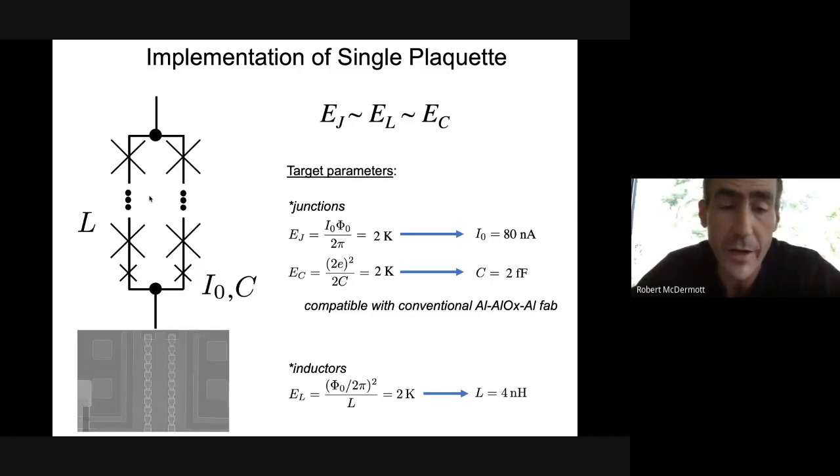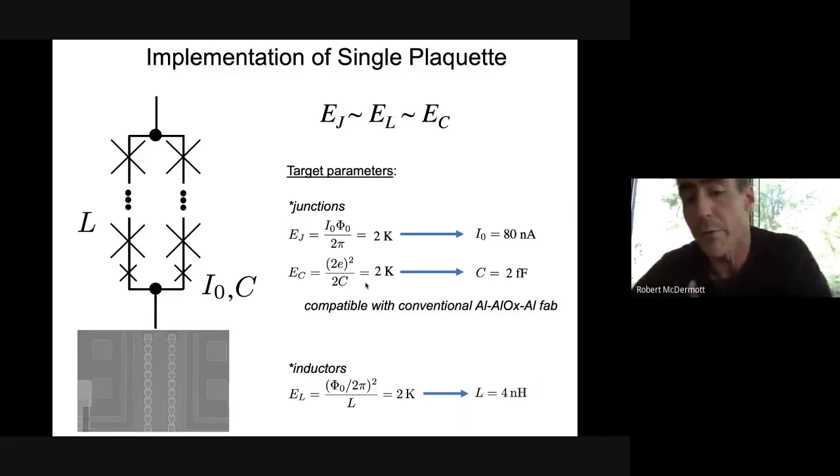And the energy scales are set by the charging energy of these smallest junctions. For us, it's comfortable to target energies of about 2 Kelvin. This corresponds to a couple of femtofarad for these small junctions. So, roughly 200 nanometer by 200 nanometer junctions, or 150 nanometer by 200 nanometer junctions.